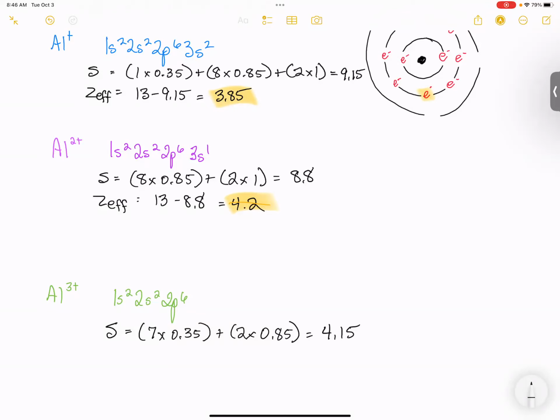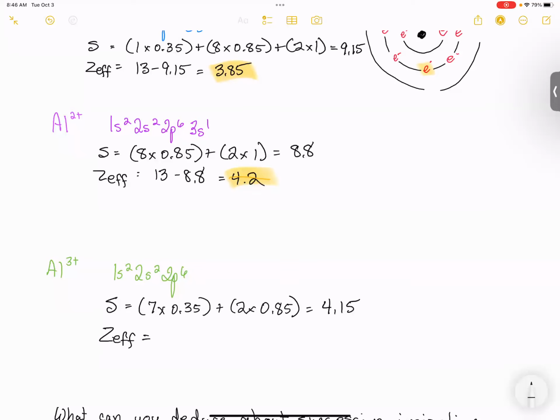Make sure I keep that in right. So my Z effective is going to equal 13 minus 4.15. Which is 8.85.